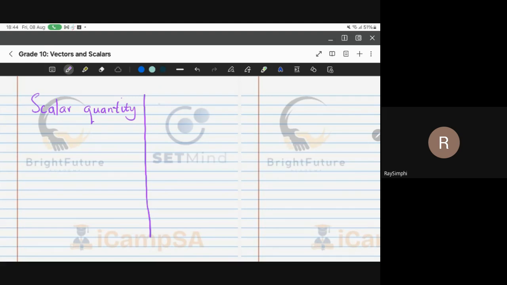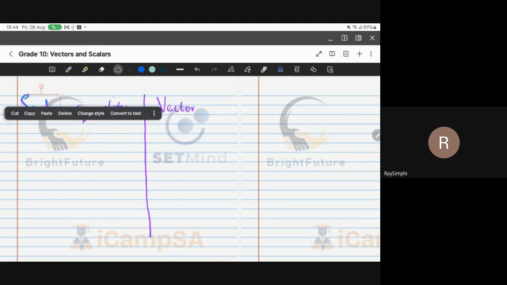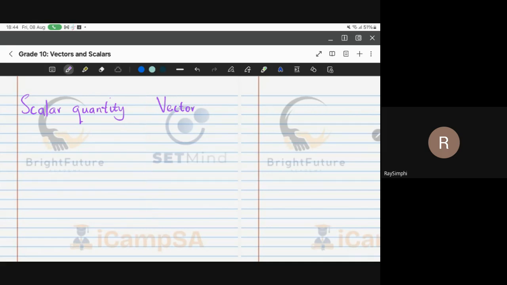Let me create a table for you. Scalar quantity. This would likely be a 2-mark question in an exam where they say, give us an example or 2 examples of a vector or a scalar quantity. It will depend which one they want. So you would be able to do that after this lesson.